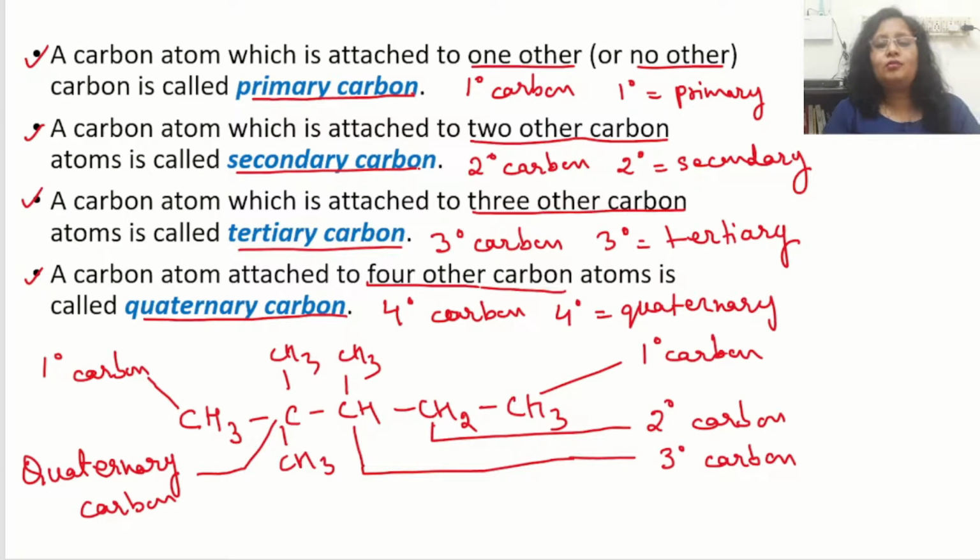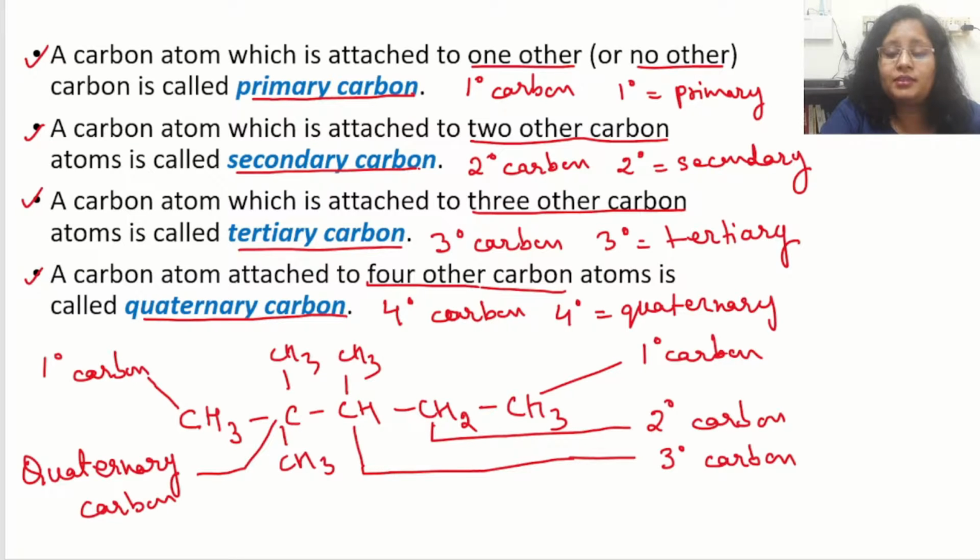So this is the whole concept about primary, secondary, tertiary and quaternary carbon atoms. Whenever you face this type of problem, remember that it is just the number of carbon atoms that the carbon is attached to.